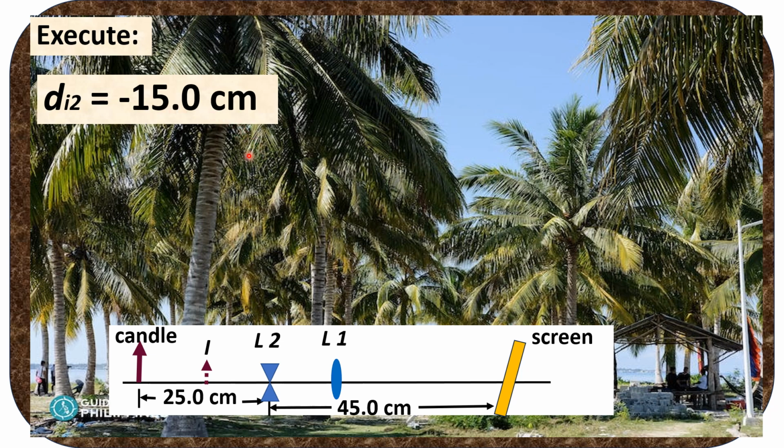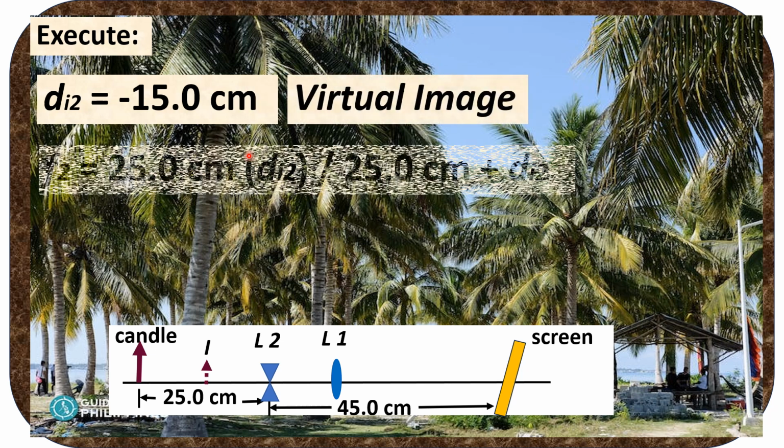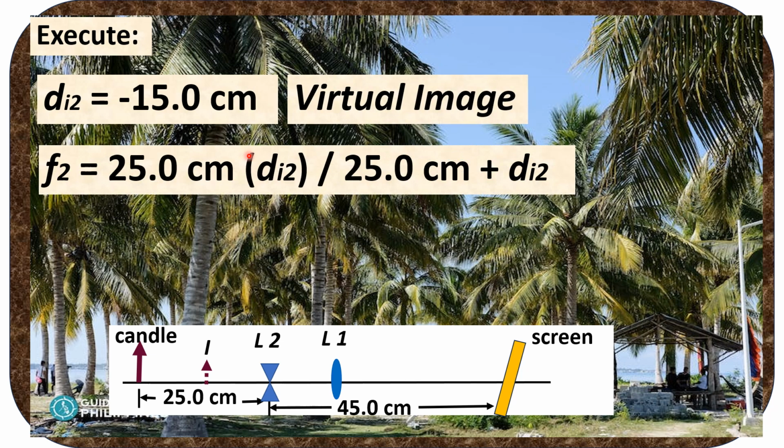And going back to equation number 1, which says that the focal length f sub 2 is just equal to the value of the object distance d sub O2, which is 25.0 centimeters, multiplied by d sub I2, then divided by their sum, 25.0 centimeters plus d sub I2.